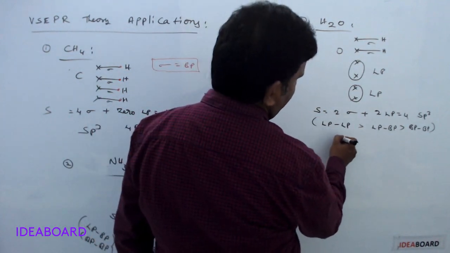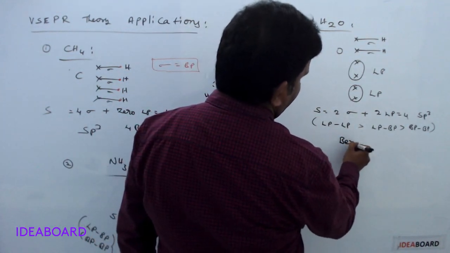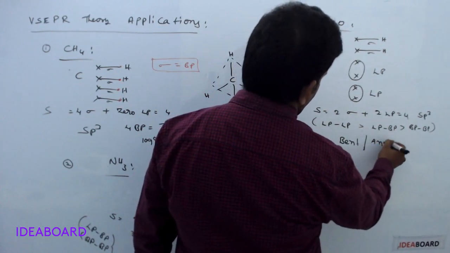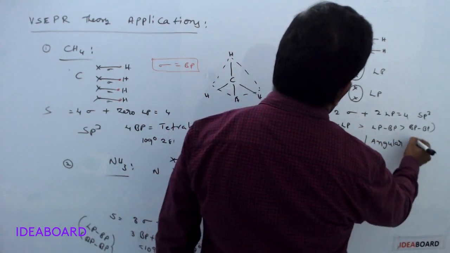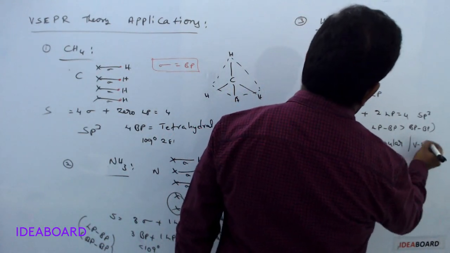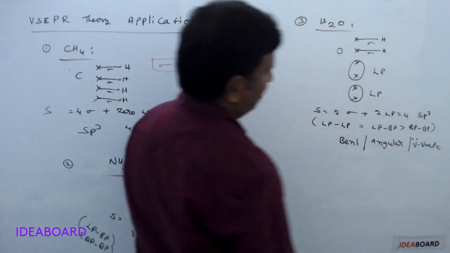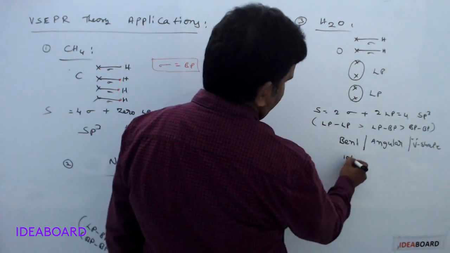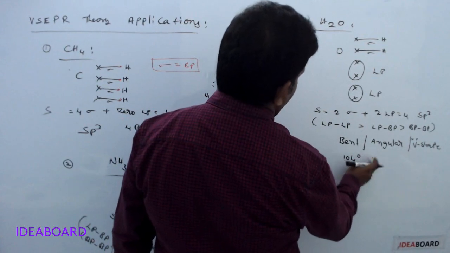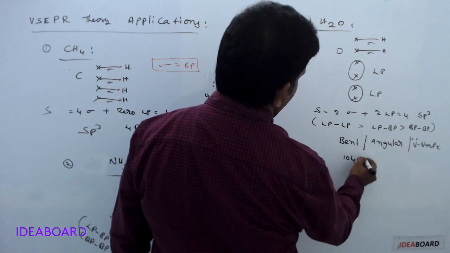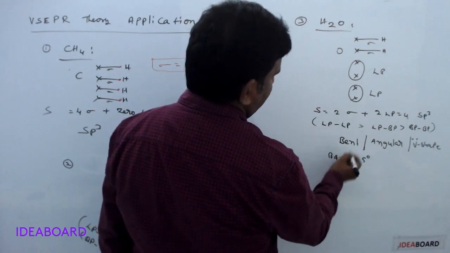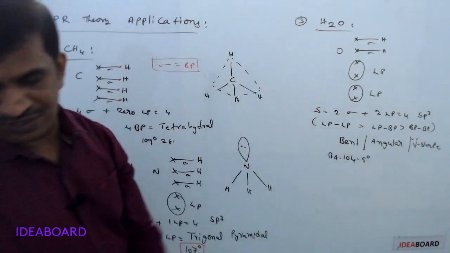So the shape of the molecule becomes bent shape, or we can call it angular shape, or also inverted V shape, and the practically observed bond angle is 104.5 degrees. That is the original bond angle observed for the H2O molecule.